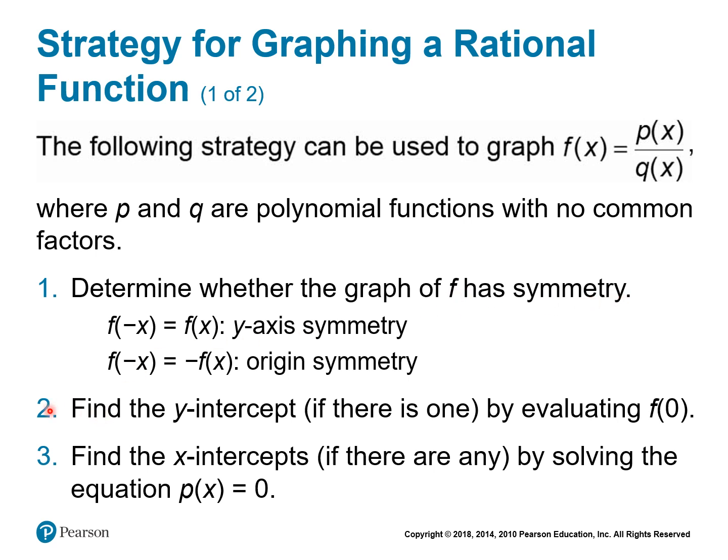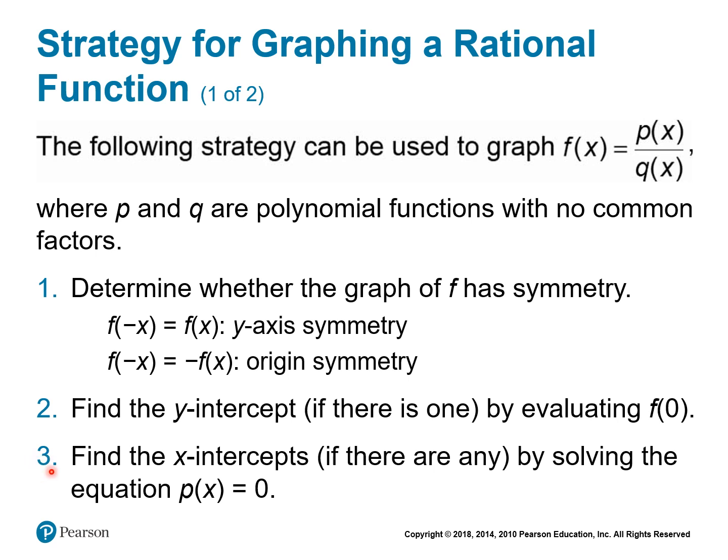The second step is to find the y-intercept, if there is one, by evaluating f of 0. The y-intercept is determined by plugging in 0 for x into the function and coming up with a y value. That will represent the y-intercept.